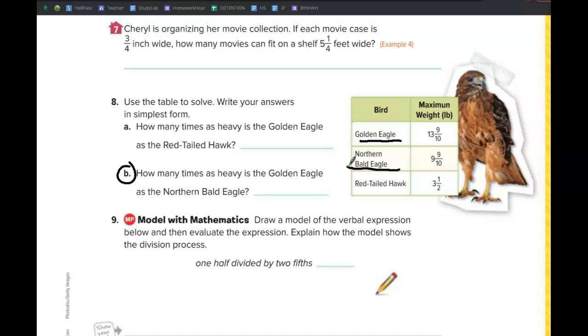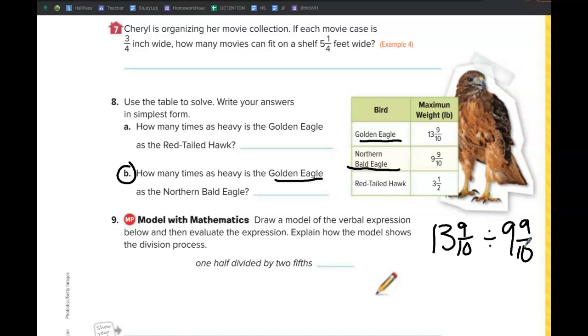Okay? So how heavy is the golden eagle? Because golden eagle came first, 13 and 9/10. And then we're dividing that by how heavy the northern bald eagle is, 9 and 9/10. What's the first thing I have to do?